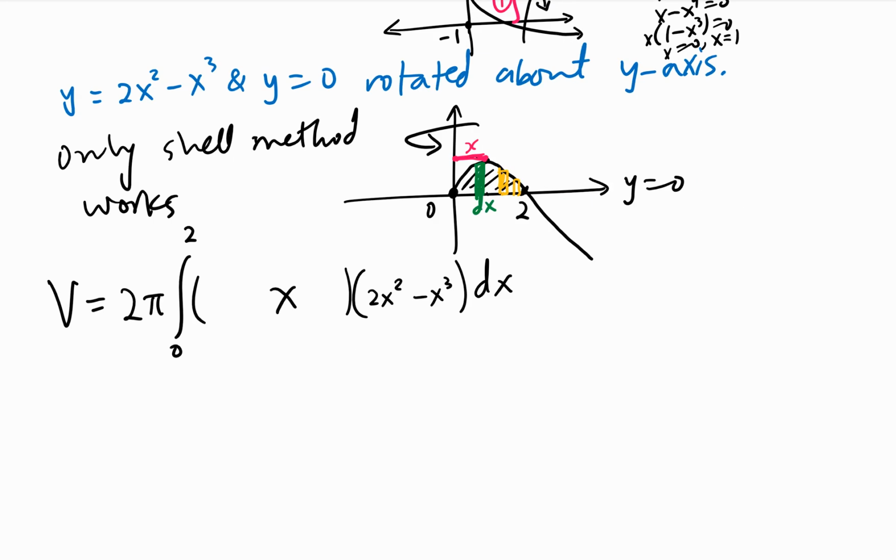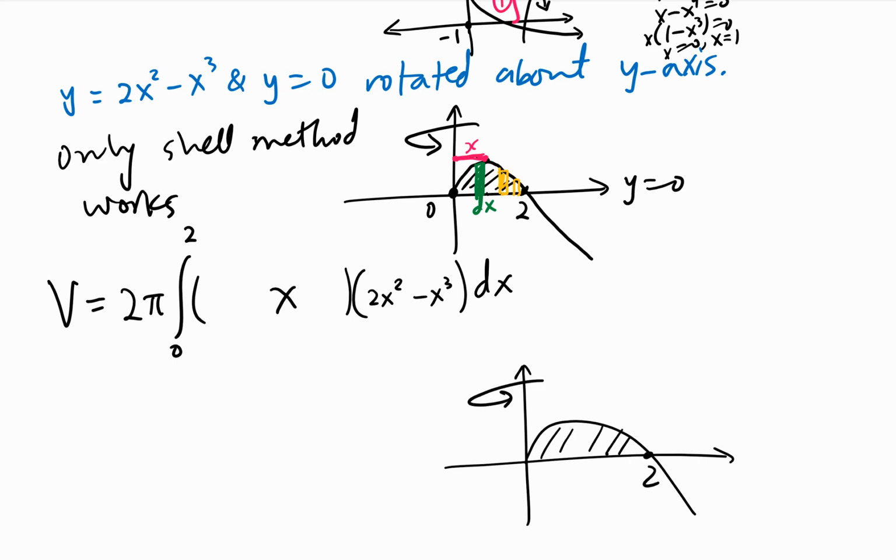So here is the reason you can't use the washer method: if you draw again the figure like that and it's around this, you need to draw the rectangle perpendicular to the axis of revolution. So it's going to be like this, which is dy.